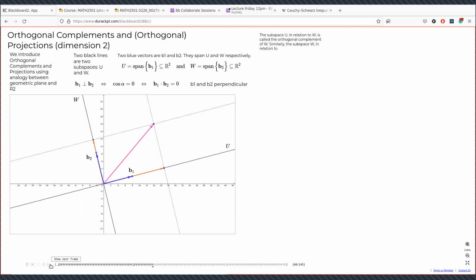Now, here's the language. The subspace U by itself is just a subspace spanned by one vector.